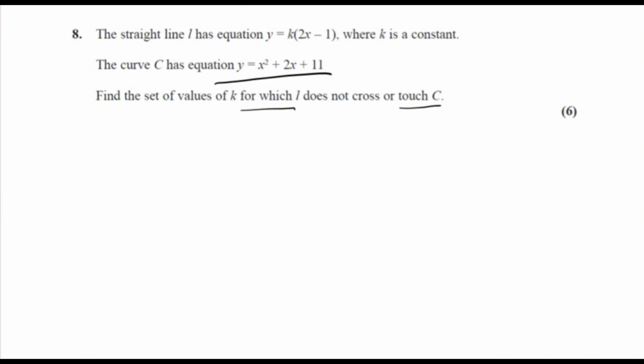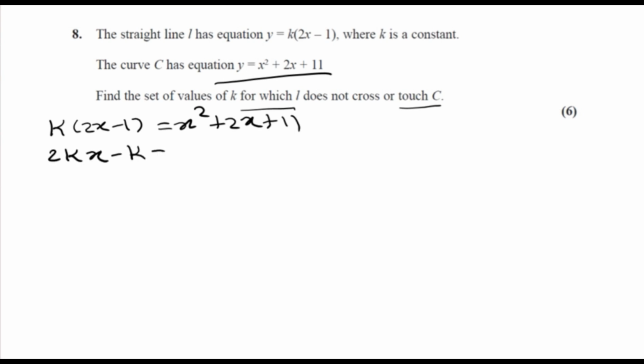But before that, I have to equate these two equations and simplify. So k times (2x minus 1) equal to x squared plus 2x plus 11. So 2kx minus k is equal to x squared plus 2x plus 11.